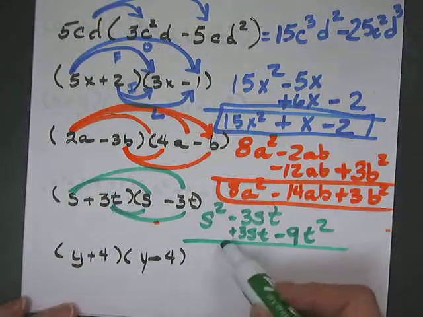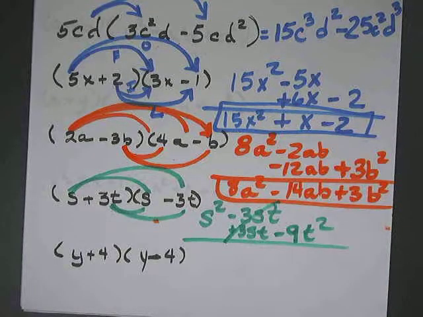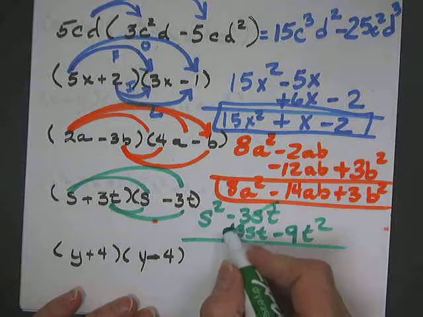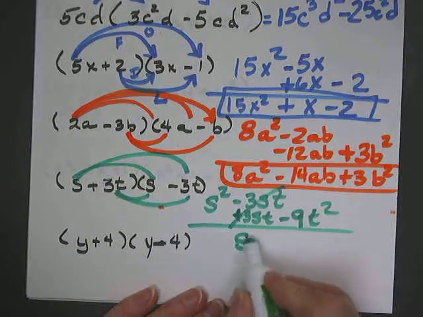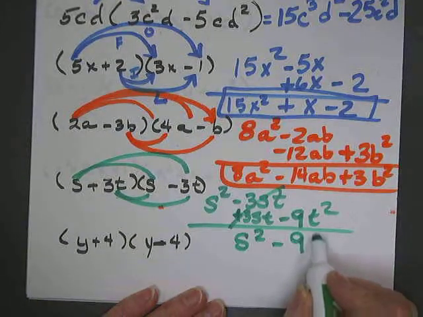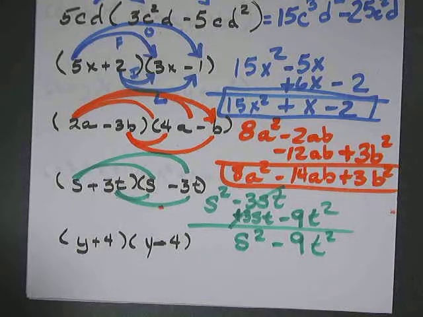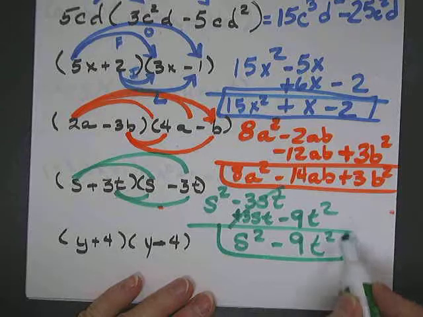Last times last, minus 9t squared. Plus and minus goes away, right? So our answer is s squared minus 9t squared.